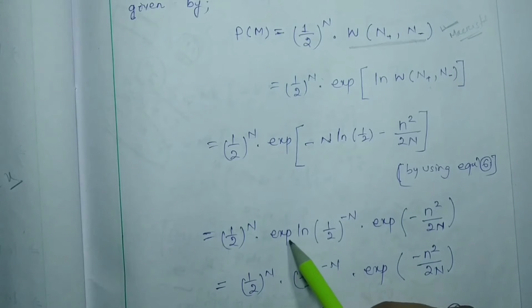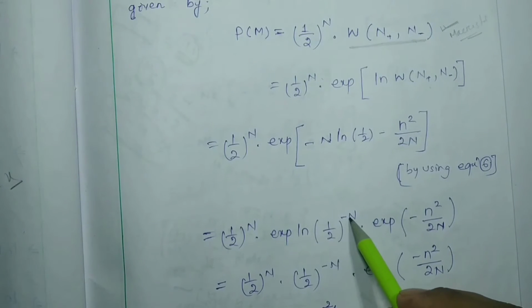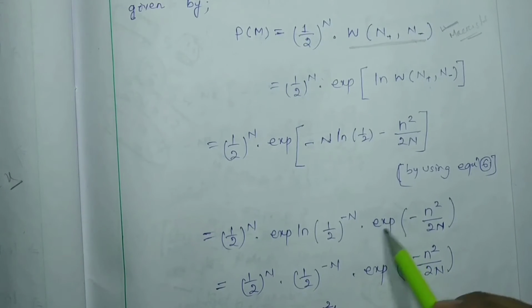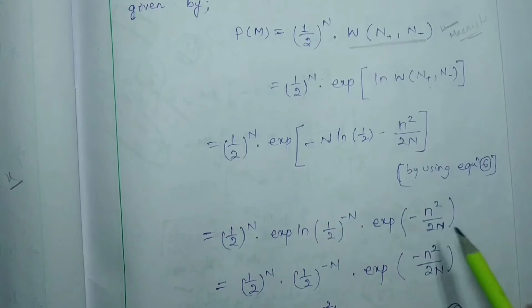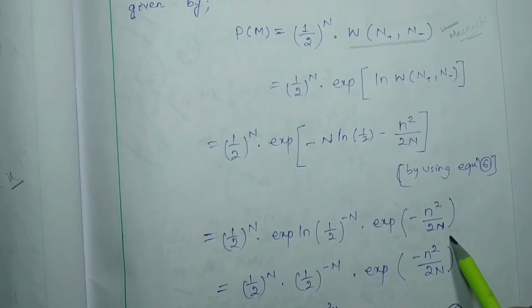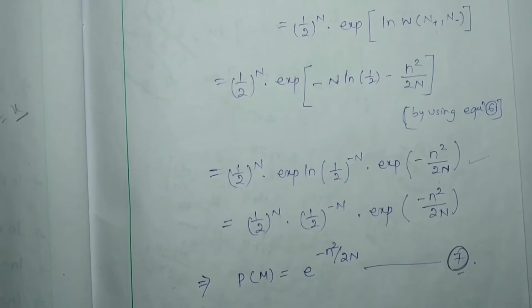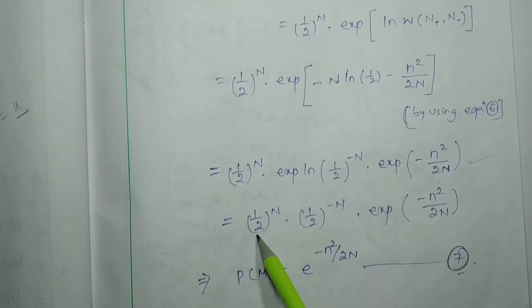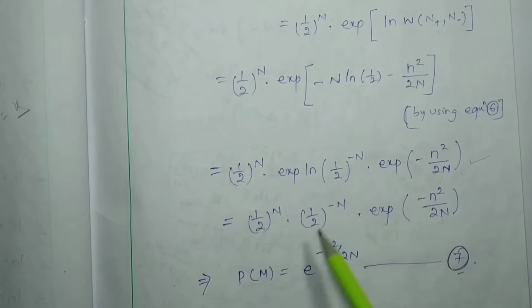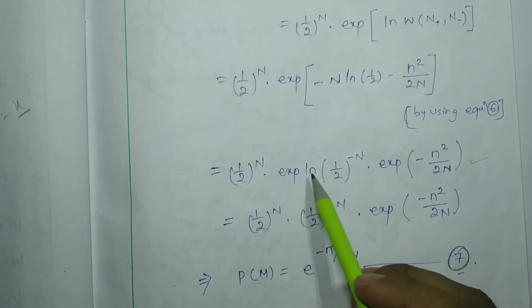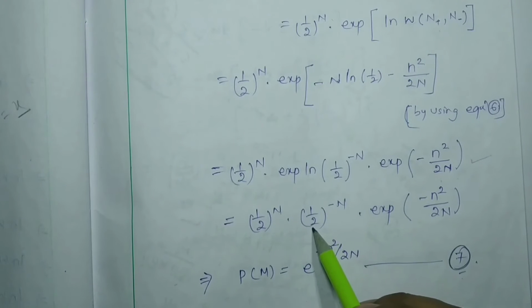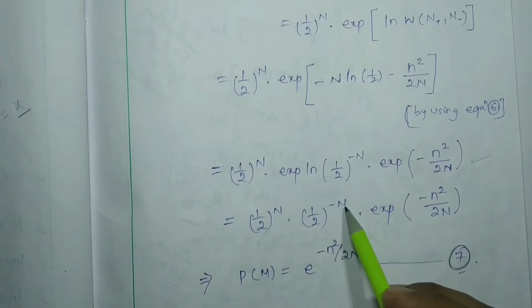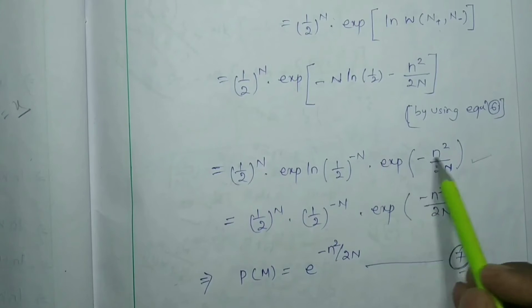So exponent of ln (1 by 2) to the power minus N into exponent of minus small n square by 2 into capital N. Okay, it is equal to 1 by 2 to the power N. Here see, exponent of ln (1 by 2) to the power minus N can be written as (1 by 2) to the power minus N into exponent of this term.